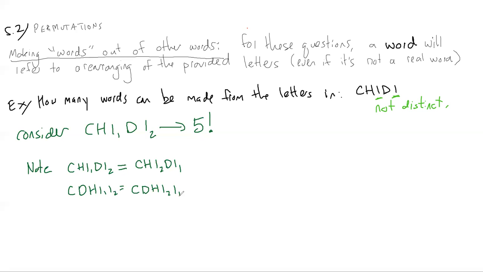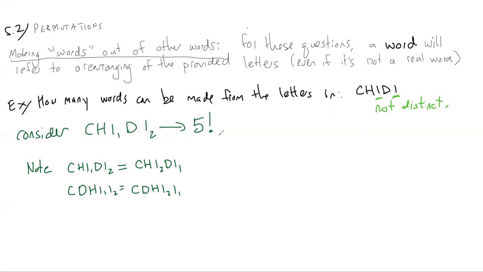So if we just flip the I's around, because there's 2 of them, there's 2 different ways we could arrange it as either I1, I2 or I2, I1. Basically, every single pair of I's is showing up twice in this count when we think of them as being distinct things.